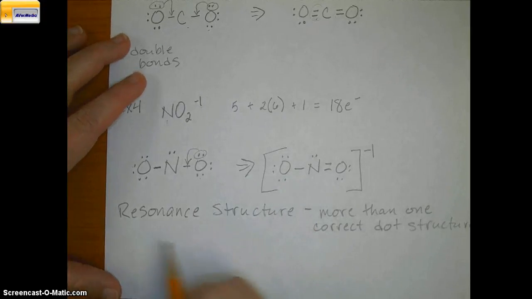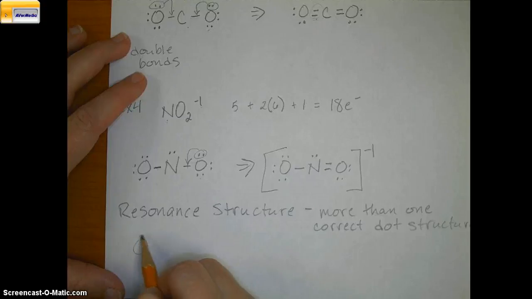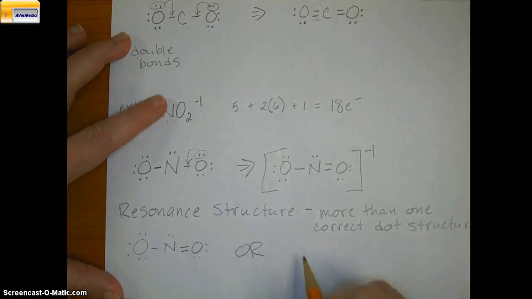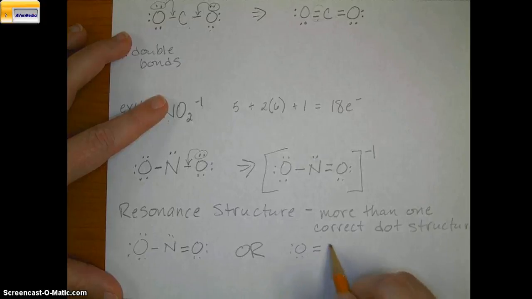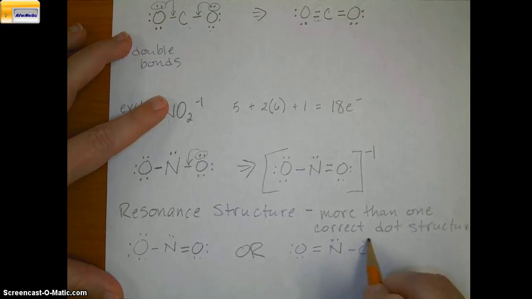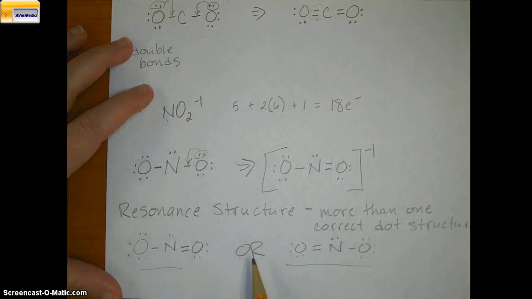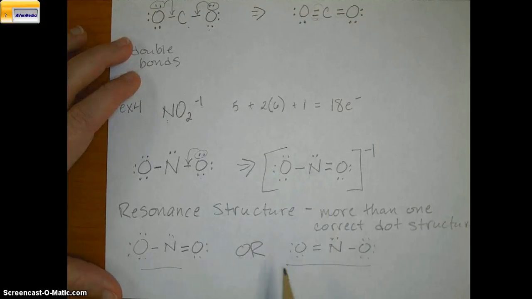So our example for the resonance structure could look like we drew it, or we could have put the double bond on the left oxygen. Either of those is correct. So we would say that NO2 -1 is a resonance structure. It has more than one correct way of drawing the dot structure.